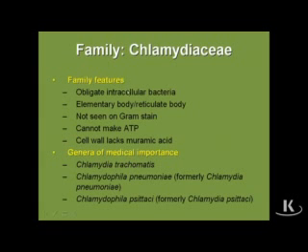Now, once that elementary body gains access to the host cell, it will convert to the reticulate body. If you can remember R, reticulate, replication, reticulate, replication. The reticulate body is the replicative form of chlamydia. So now you have the elementary body, it gains access into the cell, converts to a reticulate body.